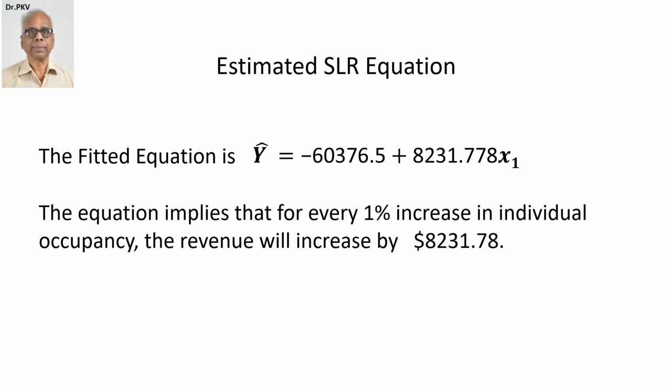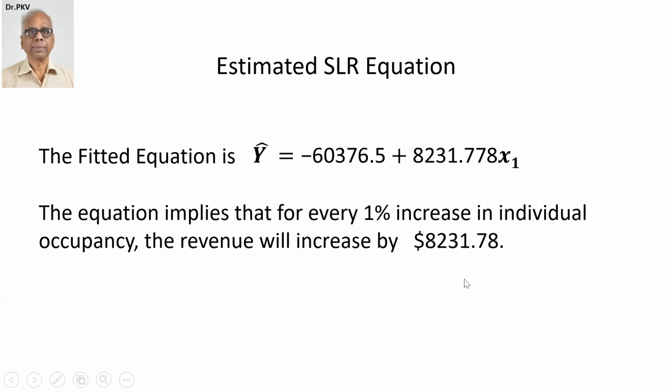What does it tell? How do we interpret this part, the slope? The equation implies that for every 1% increase in x1, the predictor variable, namely the occupancy, every 1% increase in x1 will lead to an increase of $8,231.78, rounded to two decimal places.